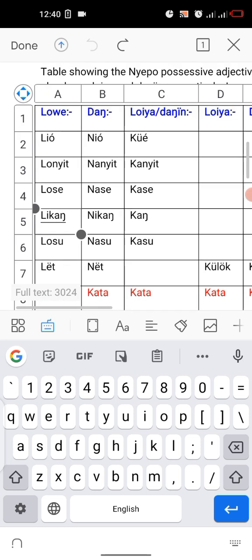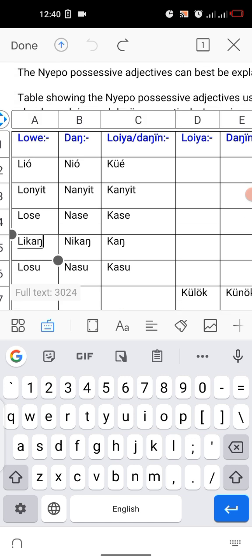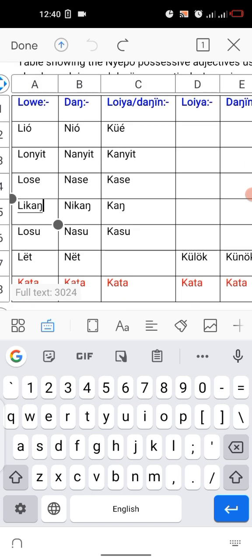So in the third column we have lawyer or dangin. So here gender is not respected. You will say lawyer kue or dangin kue.